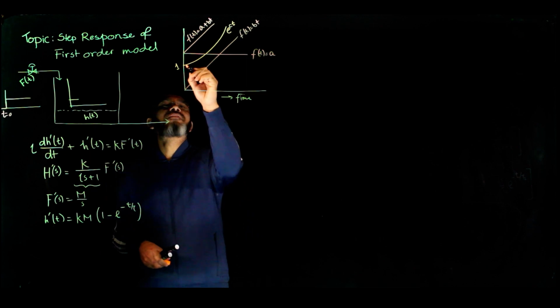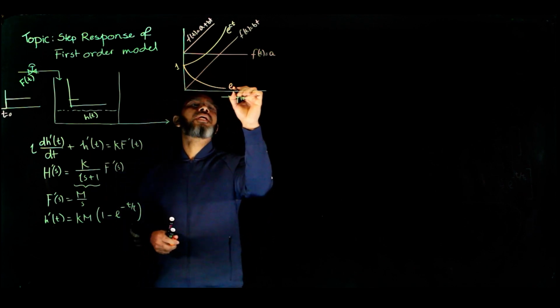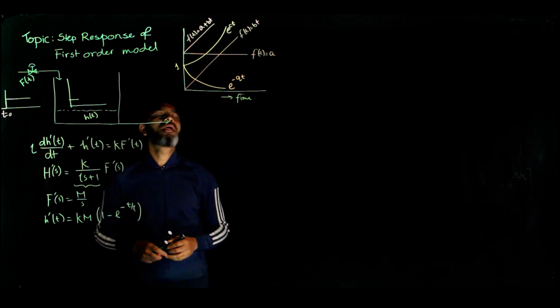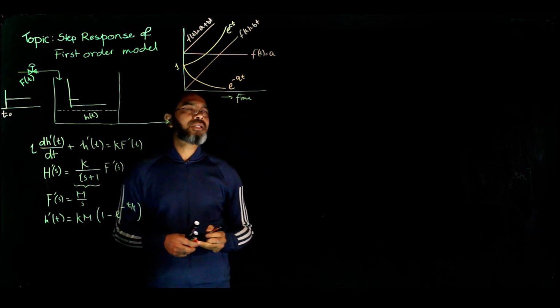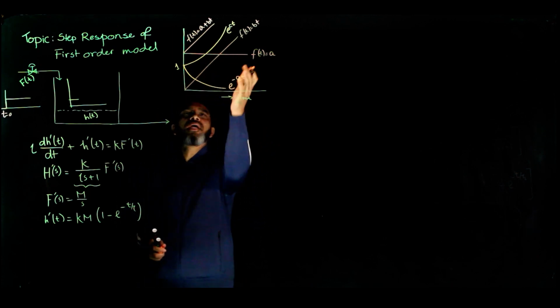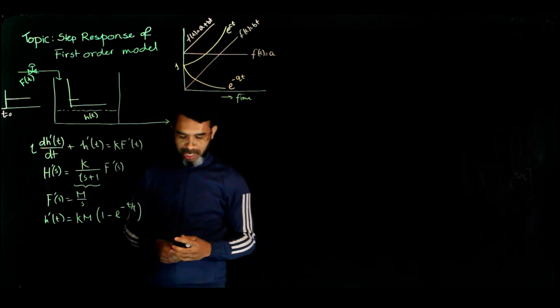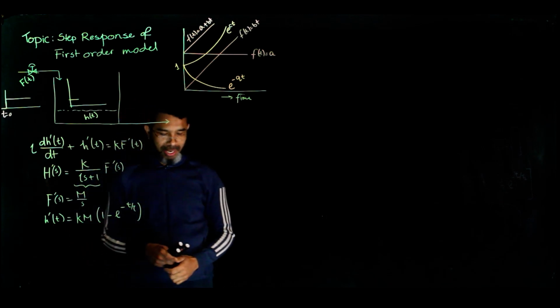Now another function, suppose this is e to the minus q t. This is an exponentially decaying function. So in light of this general shape of the functions, how does this look?